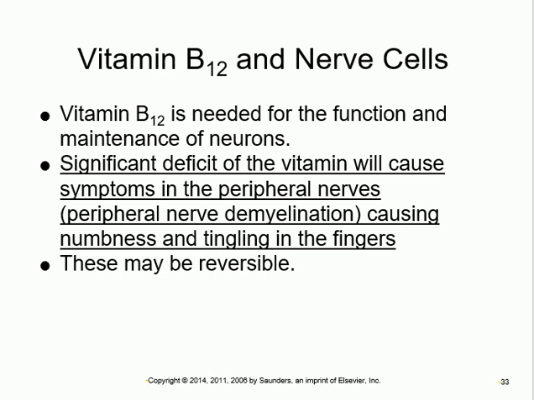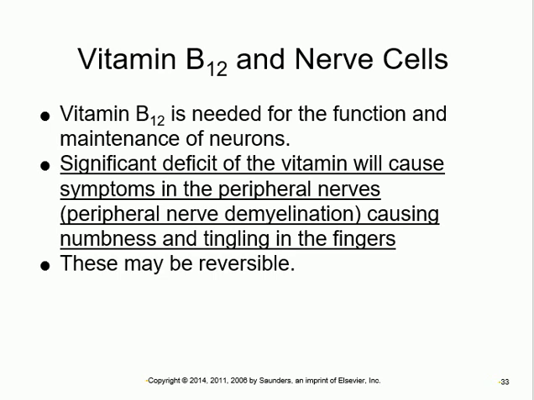Do you guys remember the myelin sheath? In order to make the myelin sheath, you need vitamin B12. If you don't have vitamin B12, you can't make the myelin sheath. So you will have some sort of inflammation of your nerves. You feel numbness, tingling, stuff like that, which is inflammation because of the vitamin B12.